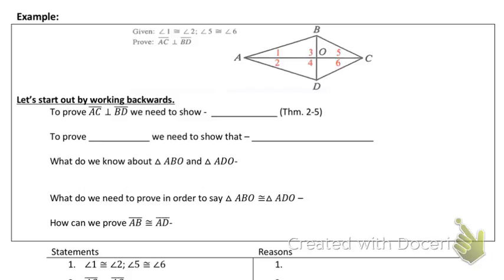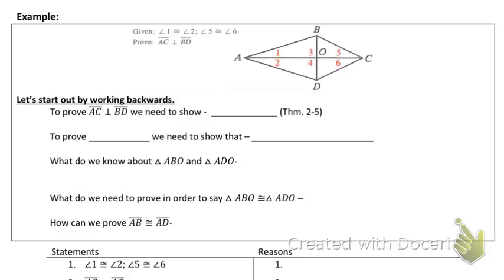So, this is using other triangles to find information about other triangles. It sounds a little convoluted, but sometimes I can prove something with one triangle that helps me prove something in another triangle. And that's exactly what we're going to do here.